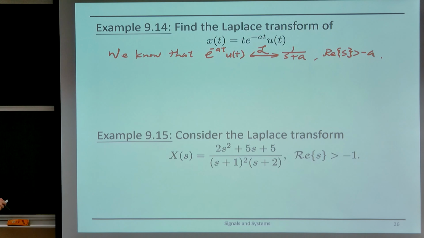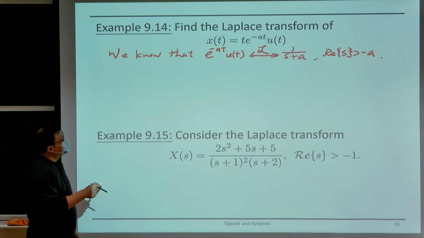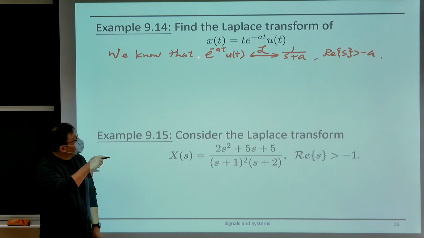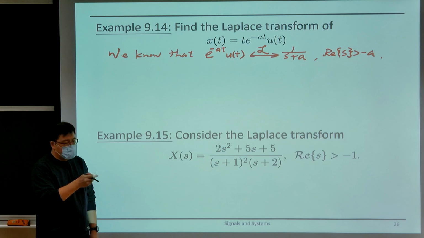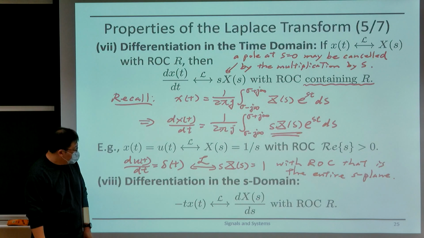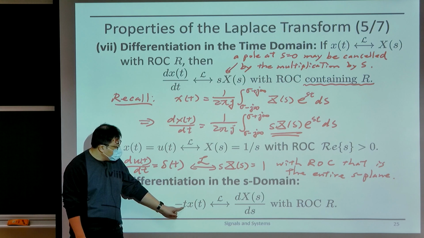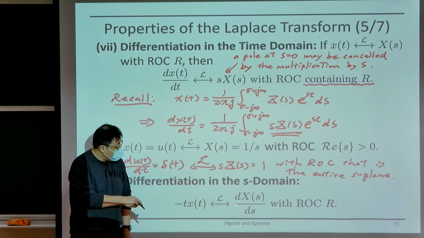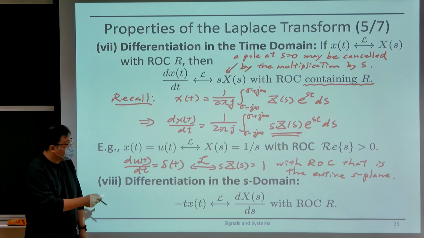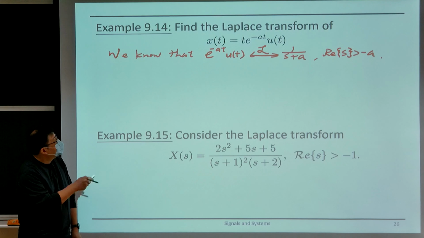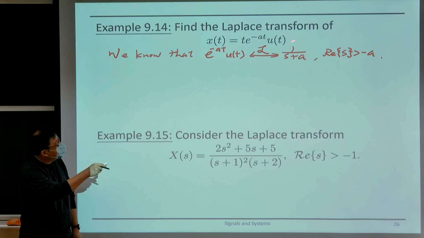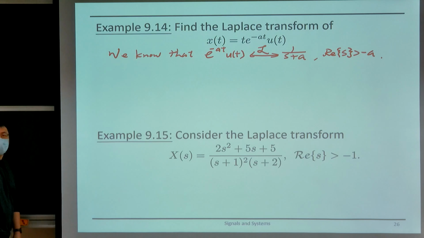Now we know from the above that if you treat this as x of t, then you will get minus t times x of t if you take the derivative of its Laplace transform. And minus t times this is just the negative of the x of t that we're trying to find.